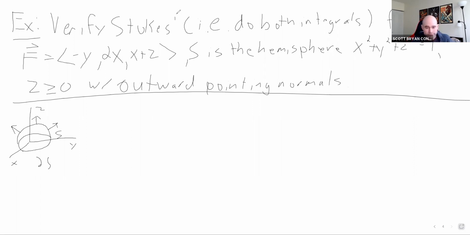If we're looking down on this guy, because I said z is greater than or equal to 0, you can use either the right-hand rule to orient the boundary curve or the point-your-head-in-the-direction method. I find the right-hand rule easier if there's one boundary curve, which there is. So if we're looking down, are we going around this boundary curve counterclockwise or clockwise?